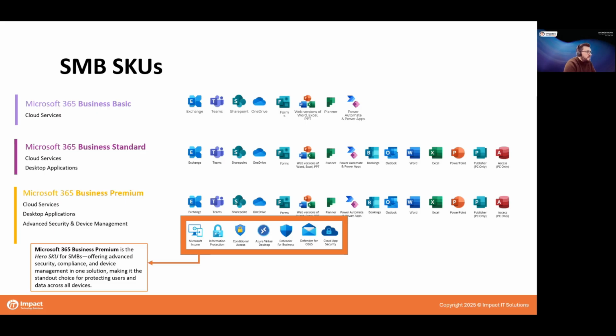So the licenses that you see on the screen here are created with some different use cases behind them in terms of how customers will use and operate these licenses day to day. The first one you've got on there, Microsoft 365 Business Basic, incorporates a lot of the core applications that people need. From applications, you can think of Microsoft Teams, Word, PowerPoint, Excel, those sorts of things that people use day to day.